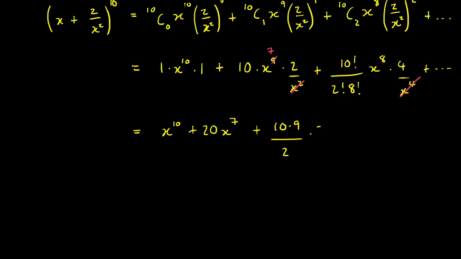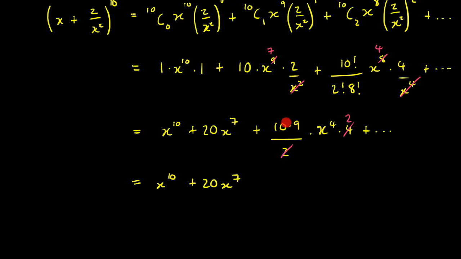Well, x to the power 4 is going to cancel off. So we're left with x to the power 4 on the numerator and times by 4. So now hopefully we can simplify this. I'll divide through by 2, right? So that becomes 2. So I'm going to end up with x to the power 10 plus 20 x to the power 7.